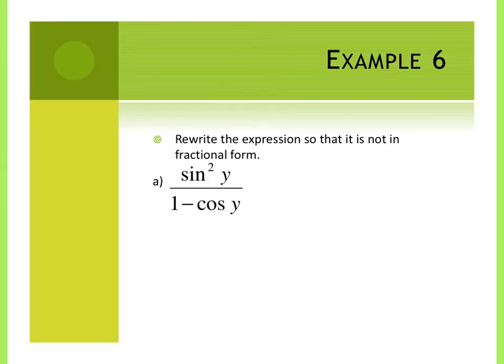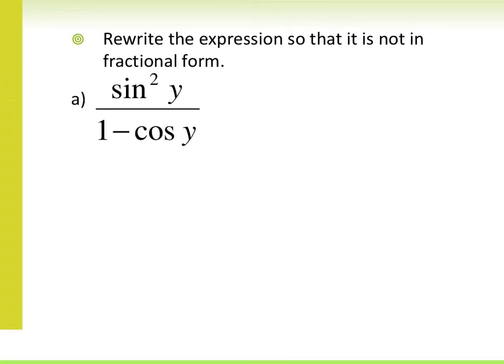Okay, this one says, rewrite the expression so it is not in fractional form. What do I do? Multiply both the top and bottom by 1. Okay, that's one way to do it. I can multiply by the conjugate, or 1 plus the opposite.